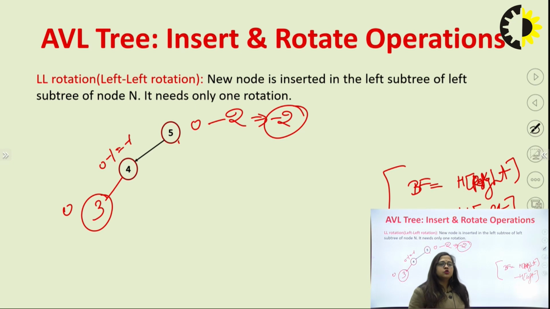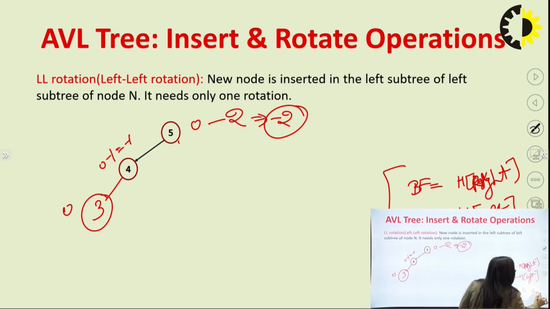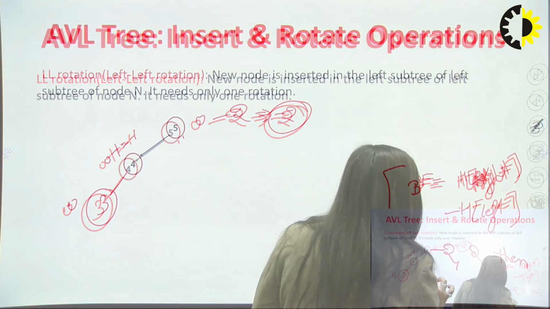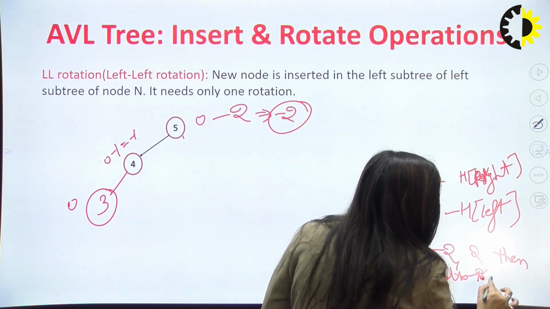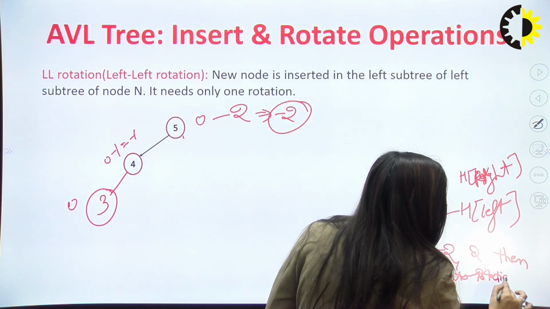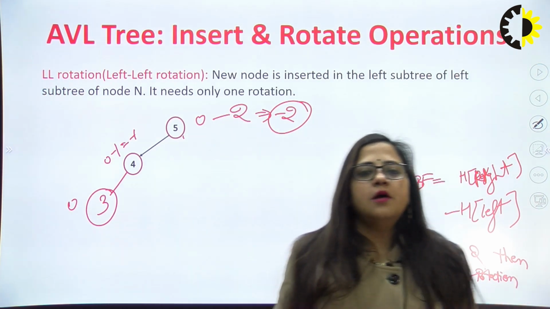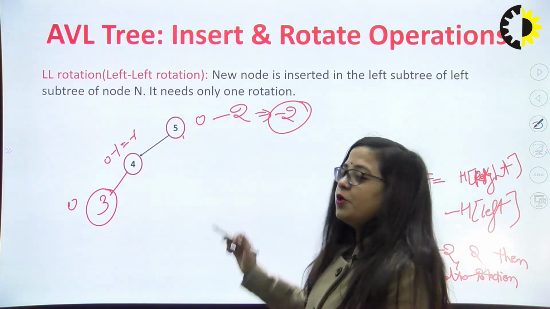The balance factor is minus 2. If the balance factor is minus 2 or plus 2, then we need a rotation. So what is the rotation here?